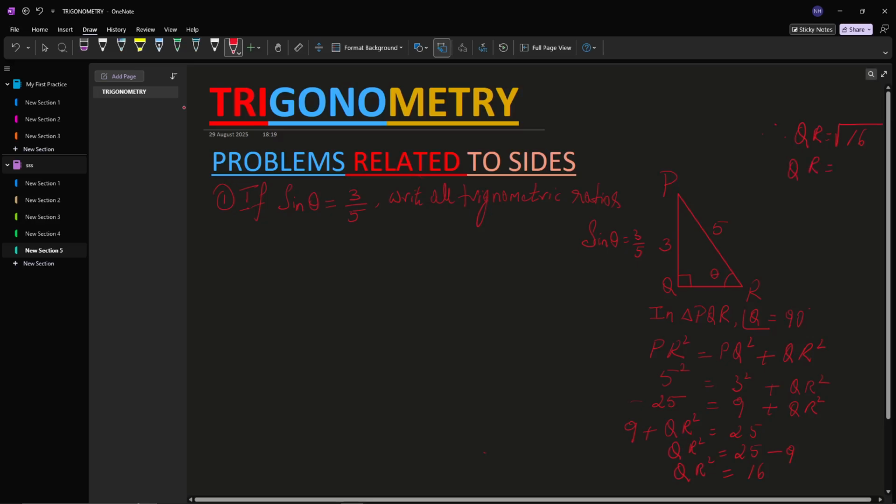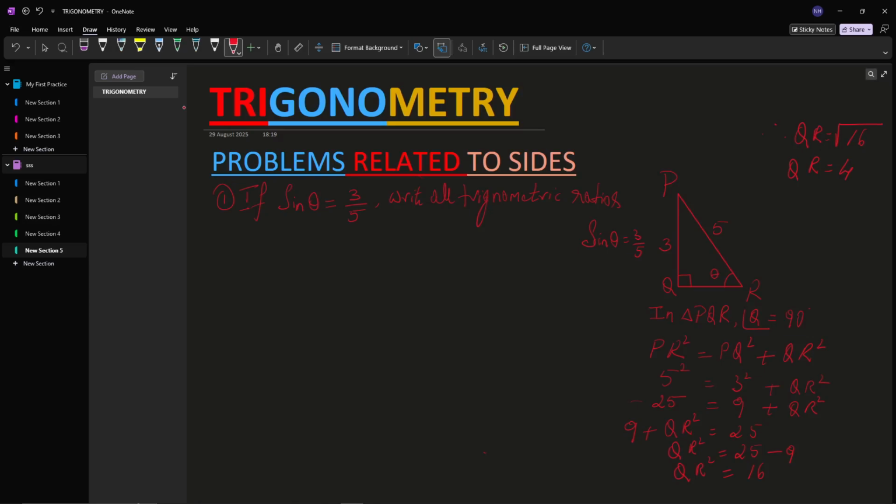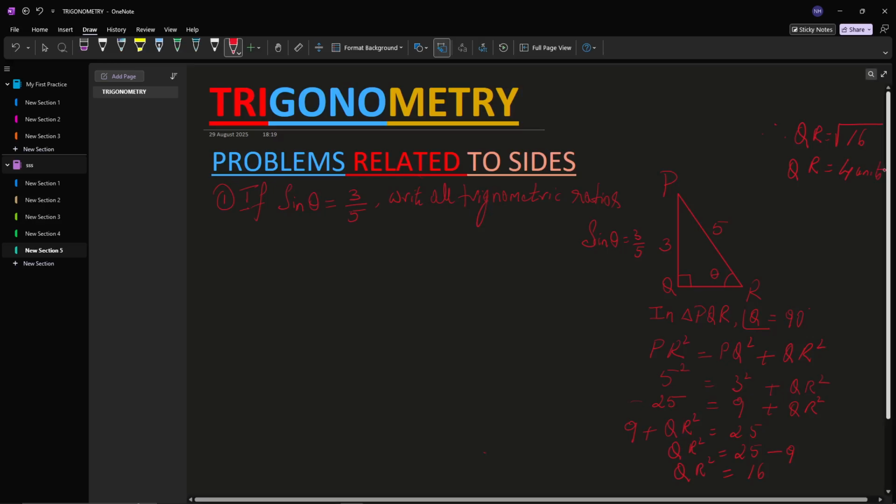So QR is equal to square root of 16, which is 4. 4 4s are 16. So 4 units it is. Since no unit is given, we take it as 4. So QR value is equal to 4. Now once you know all the three sides, 3 is opposite side, 4 is adjacent, and 5 is hypotenuse.